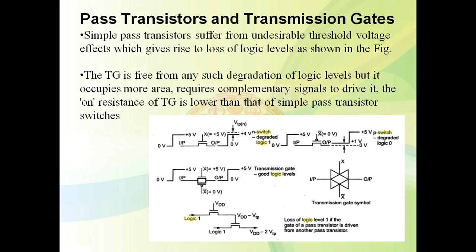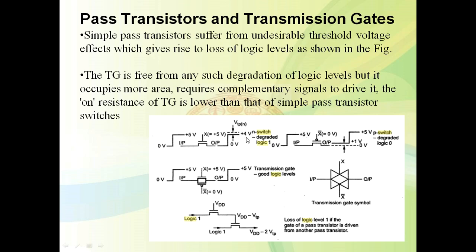So we'll see in this figure how the loss of logic level is going to happen. Now here you can see that the input voltage is high and it is applied to this n-type transistor. So we are expecting the output voltage to be 5 volt, since input is 5 volt, but we will get output equal to VDD minus VT, that is equal to 4 volt.